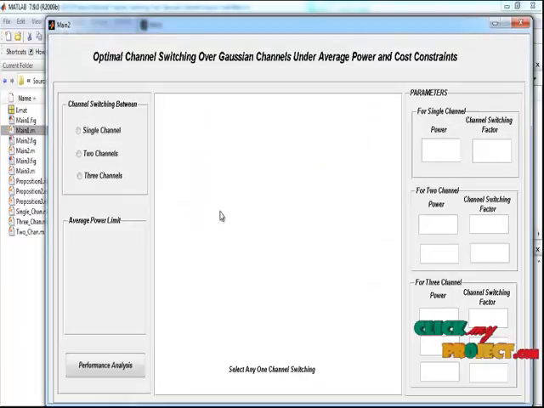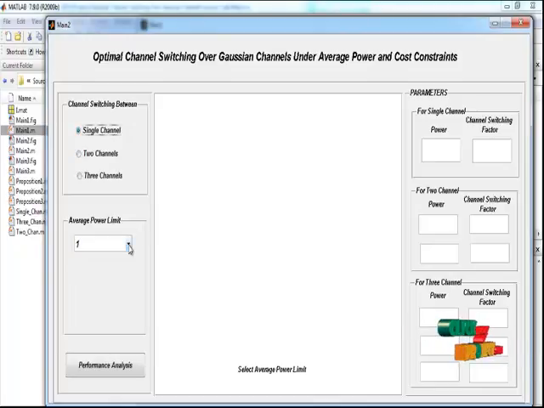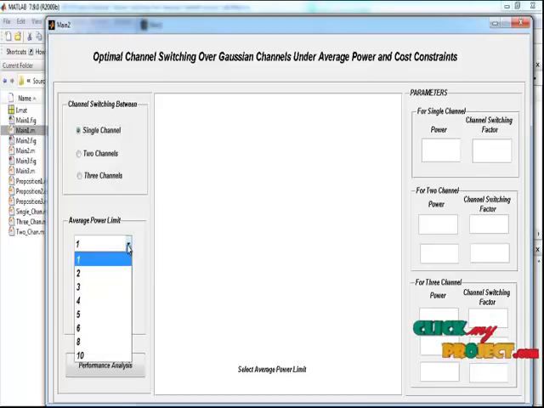This is the main two window for optimal channel switching over Gaussian channels under average power and cost constraints. Here we select the channel switching operation for single channel, two channels and three channels. By pressing the single channel, we have to select any one average power limit among these values.